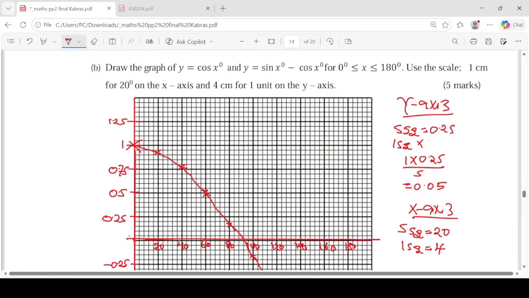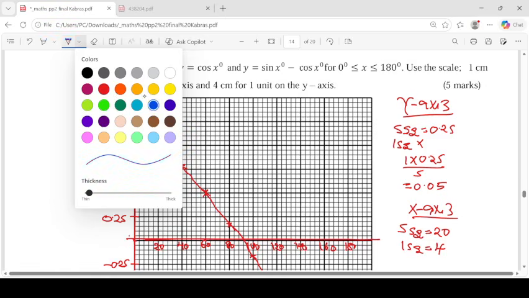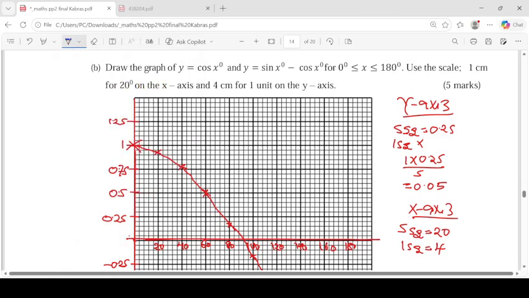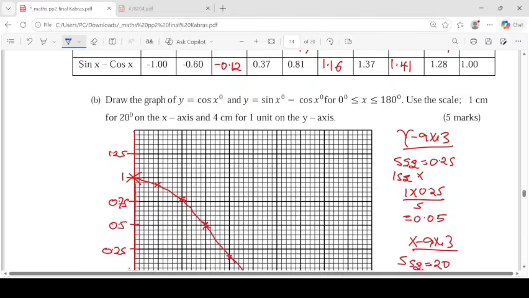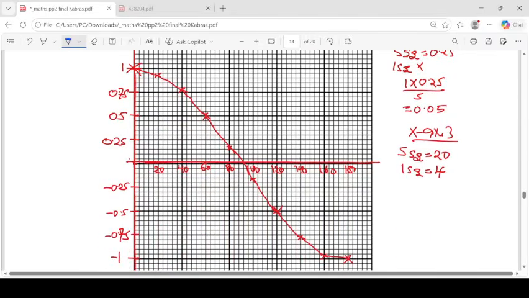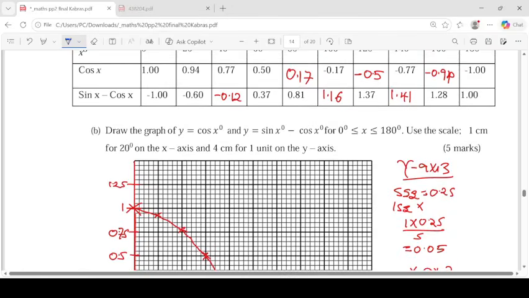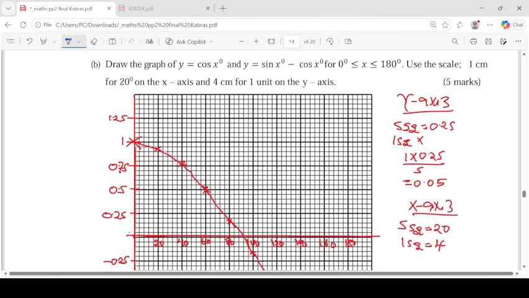Let's plot the other one also. Let me plot it using a blue ink. 0, negative 1. So 0, negative 1 is here. Then 20, negative 0.6. So I'll have negative 0.6 divided by 0.05.